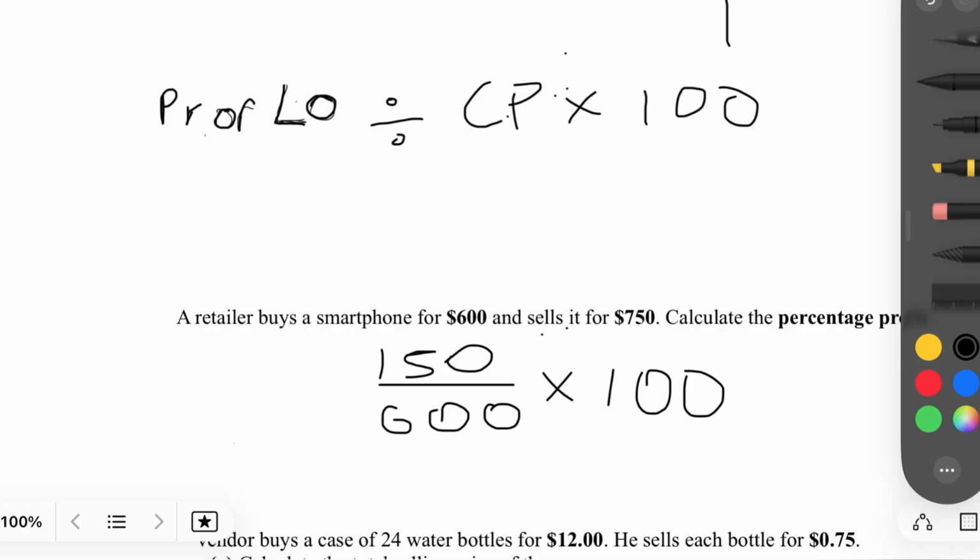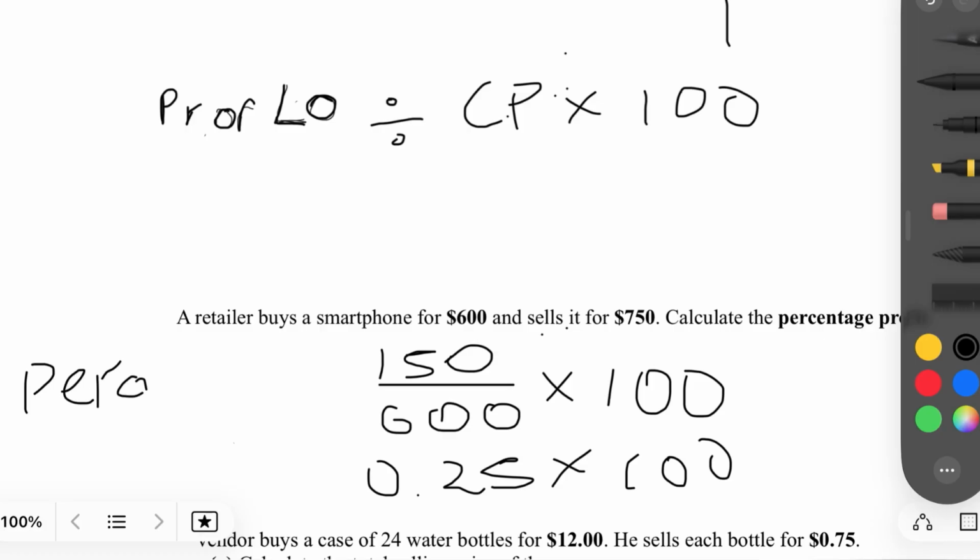So 150 divided by 600 gives us 0.25, and then that will be multiplied by 100, which gives us 25. So the profit percentage made, oh my god, my handwriting is terrible, which is 25% profit was made on this purchase.